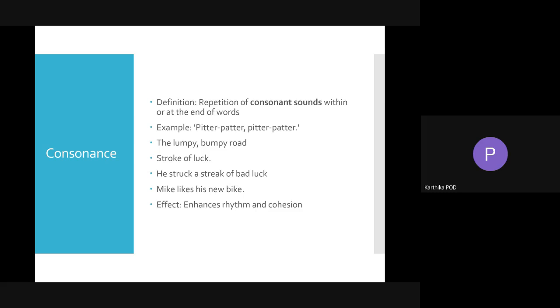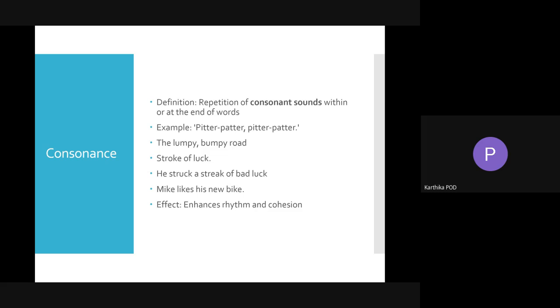But M and P are consonant sounds. So it's the sound that works as the consonant, and therefore that is consonance.